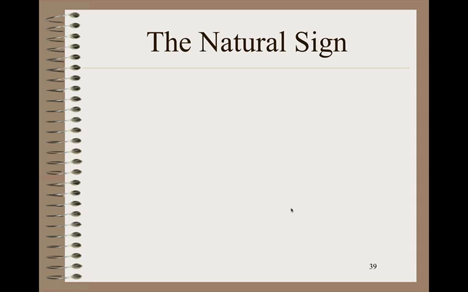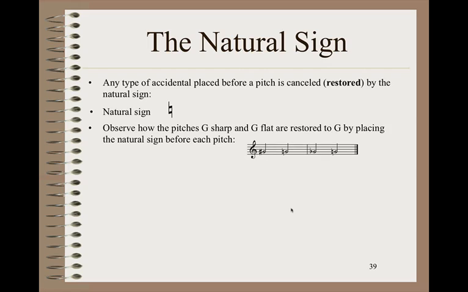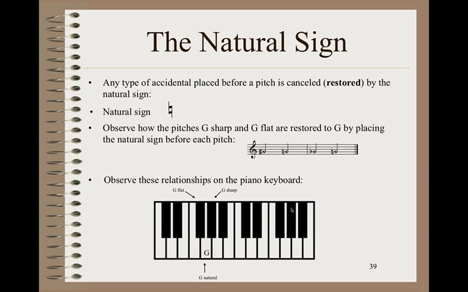The next area is the natural sign. And you see natural signs periodically in music. What it does is, I like to use the term restore rather than cancels out. Because, for instance, we may have a G sharp in a piece of music, and the composer says, I'm done with that G sharp, I want to bring it back to a G natural.